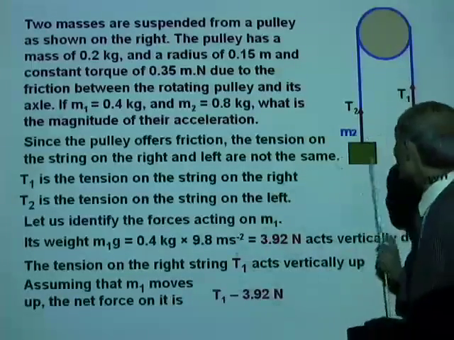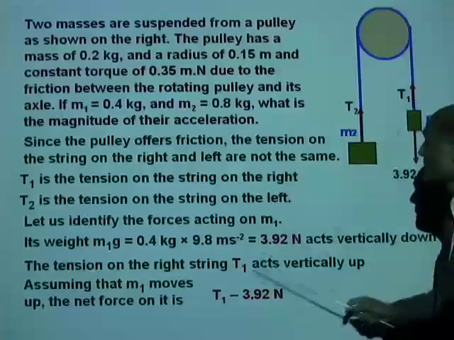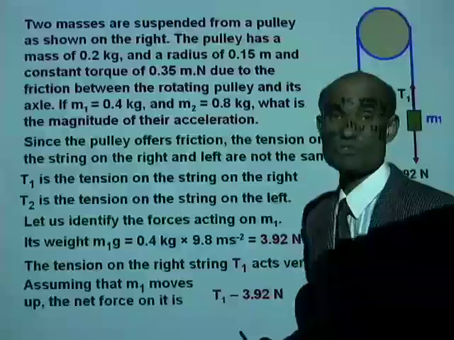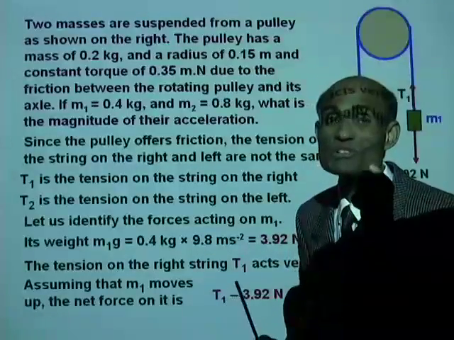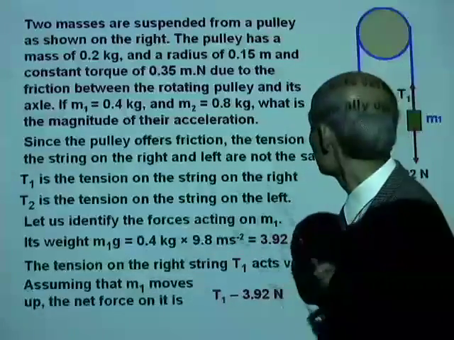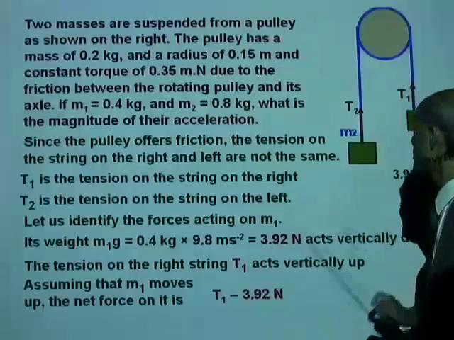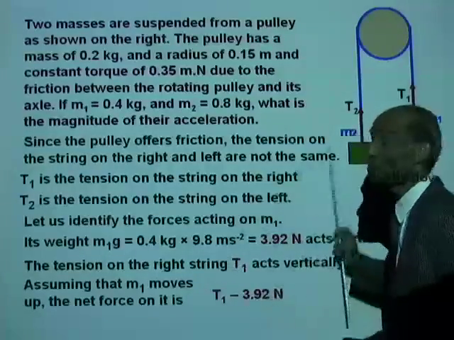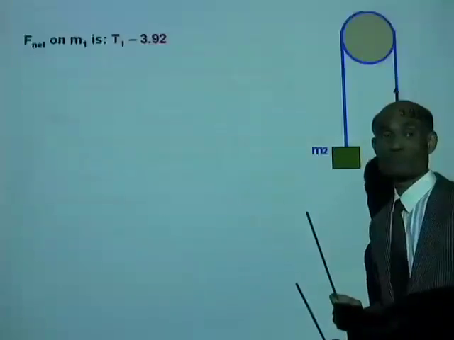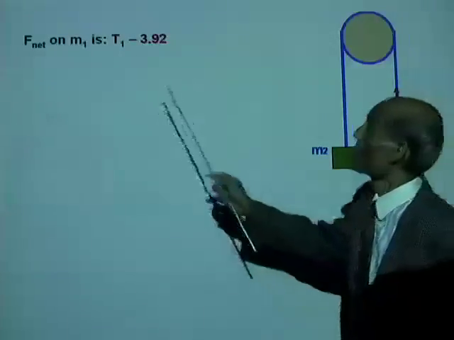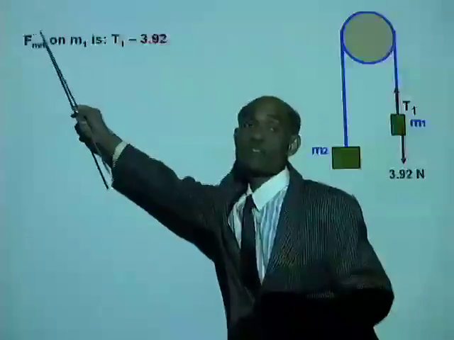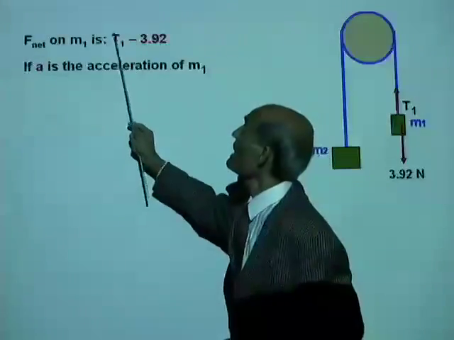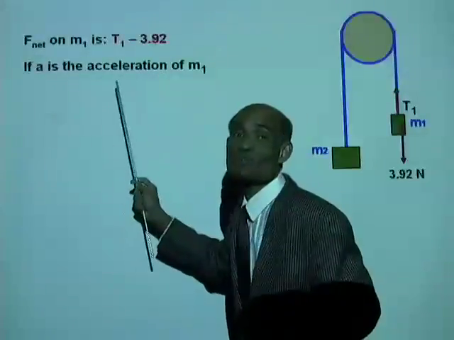We have the net force on M1 as T1 minus 3.92. Now remember, we are only considering the magnitudes here. So T1 minus 3.92 is the net force on M1. Now, if F net is the net force on M1, we would say F net equals M a.